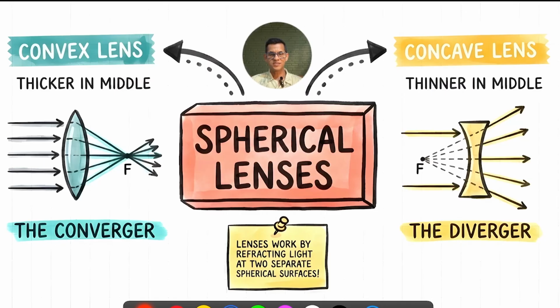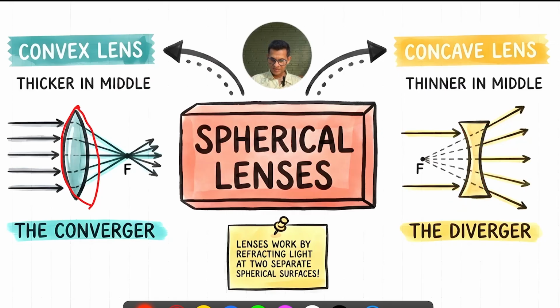The next part that we have to see is spherical lenses, and there are 2 types of spherical lenses that we are going to learn. One is the convex lens, as you can see here, whose refracting surface is curved outwards like this, and the second lens is called the concave lens, which is sort of hourglass shaped, whose refracting surface is curved inwards.